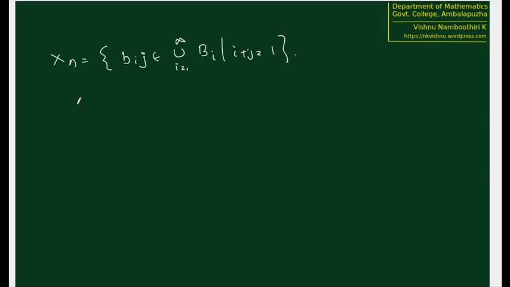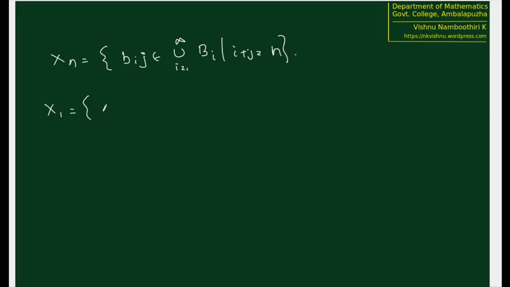This is exactly the same procedure, the same technique that we used while trying to prove that the set of all rationals is countable. There, instead of x_n, we named it a_n. So what is x_1?